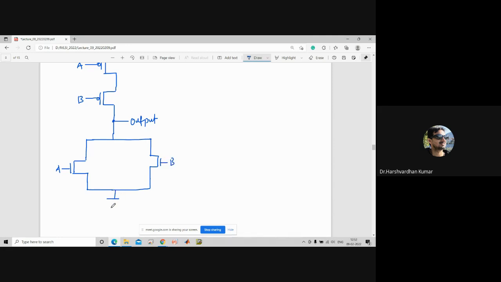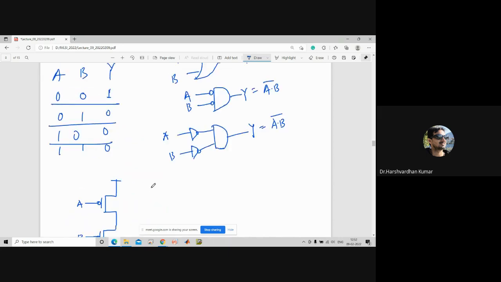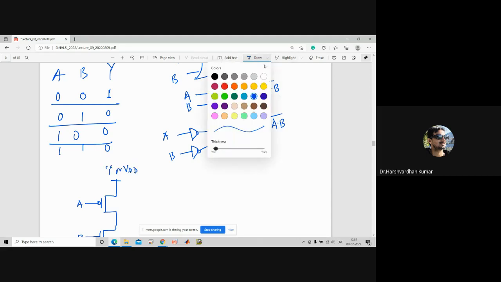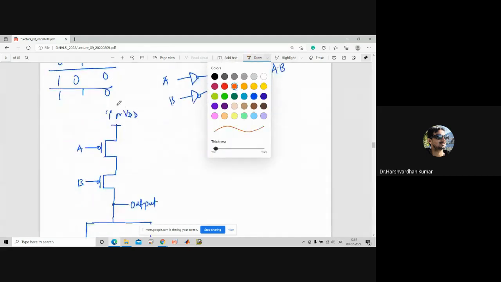So let us say this is at logic 0, that is, you can say VSS. VSS means ground, always say ground. And here let us say this is at logic 1, or you can say VDD. So here again, we will have to highlight the sections, that is for pull up and pull down.